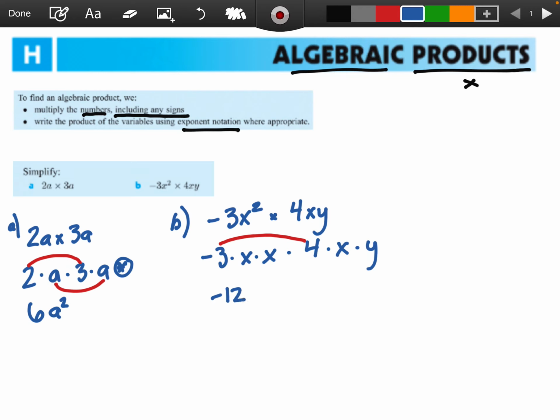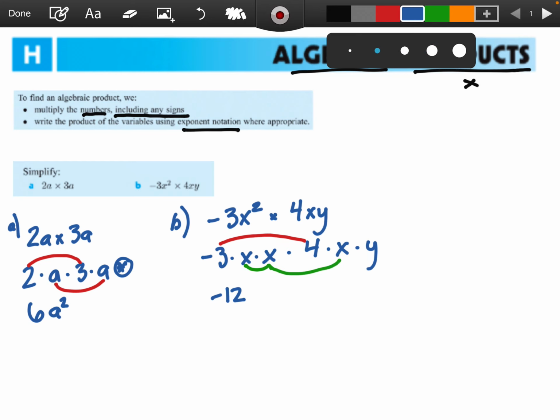Then I collect up my letters in alphabetical order, remembering our 3 rules of how we write algebra from class 1 of this unit. Alphabetically, x is going first, so I've got x times another x times a third x. That gives me x to the power of 3. Three x's are multiplying together, so x cubed.